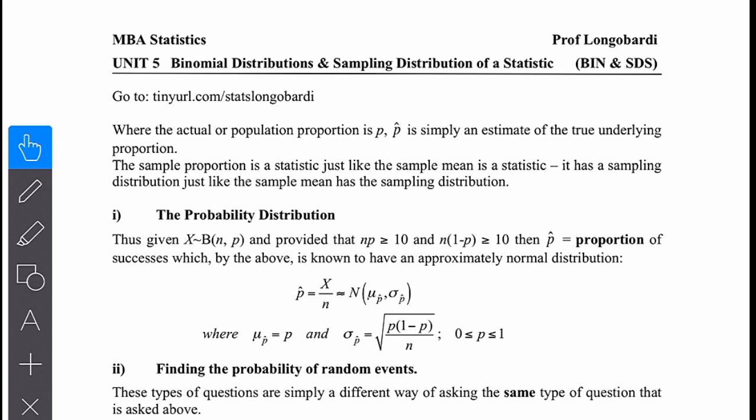So these are distributions for statistics. As I explained, there's three kinds of statistics that we're going to derive distributions for and use them. One is the count variable x, the number of successes in n independent trials. Another statistic is p hat, which is the proportion of successes in n independent trials.